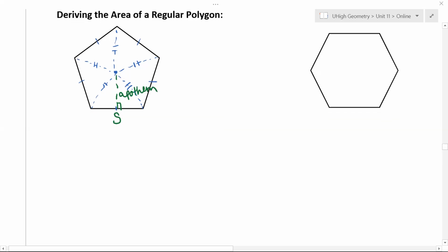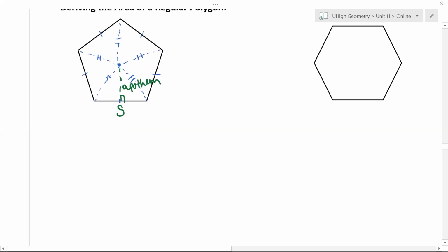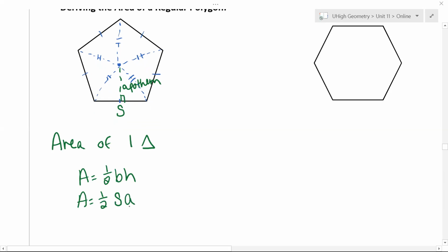So what I can do to find the area of this polygon is I can find the area of one of my triangles. The area of one triangle is going to be 1/2 base times height. But instead of base, I'm going to put my side length. And instead of height, I want to put my apothem. So area of one of these triangles here is 1/2 the side length times the apothem.